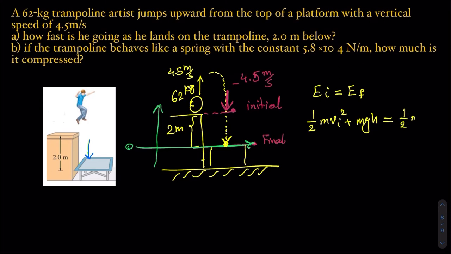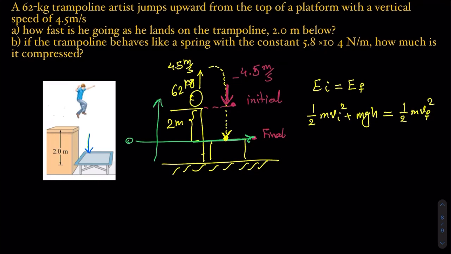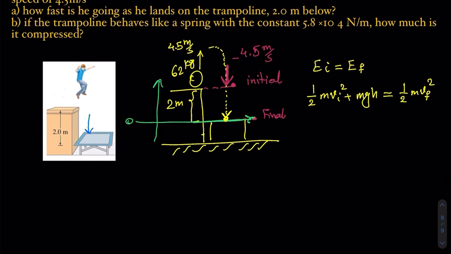So this will be a half of mass times velocity squared. But the velocity at this point is different from the velocity at the beginning. So we just plug in the numbers into the formula, and then we will get the final velocity, as simple as that.